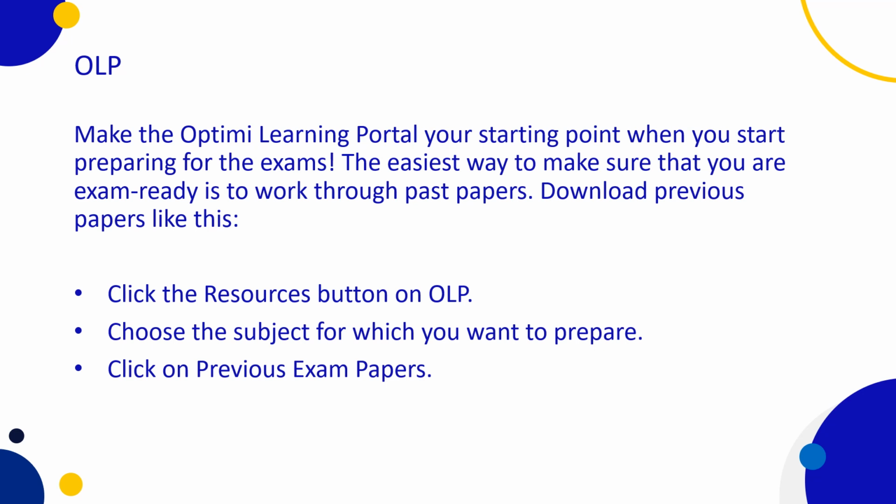Make the OLP your starting point when you start preparing for your exams. The easiest way to make sure that you are exam ready is to work through past papers. You can download the past papers on the OLP by using the following method. You can click on the resources button on the OLP once you've logged on. You can choose the subject for which you want to prepare.